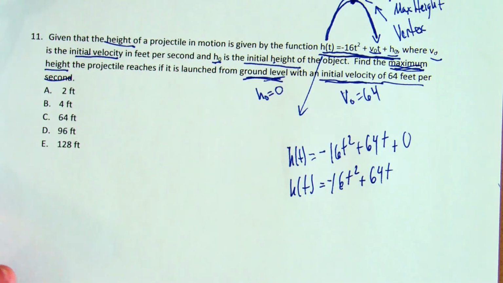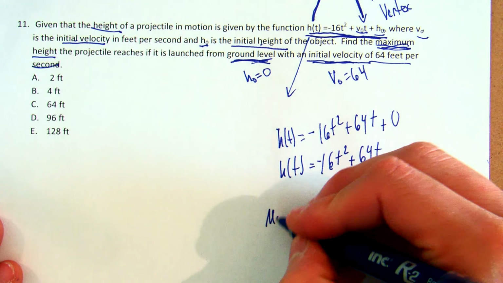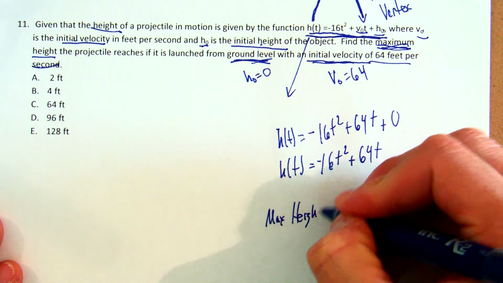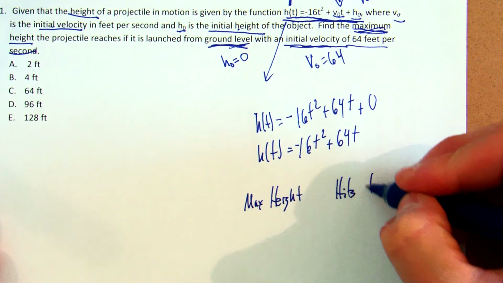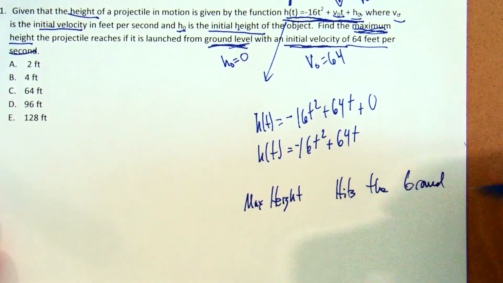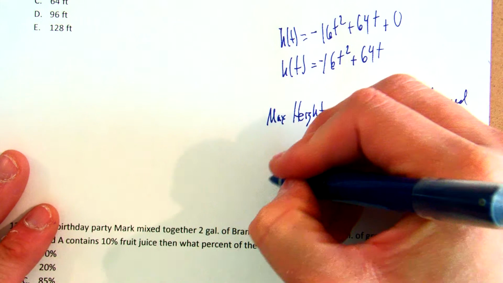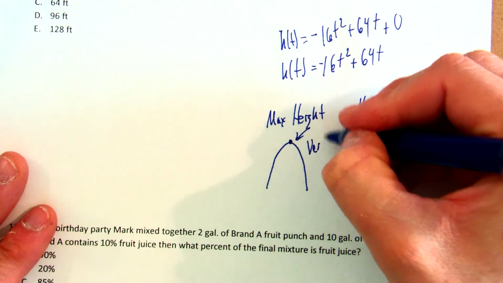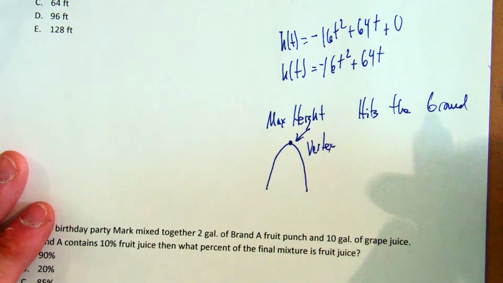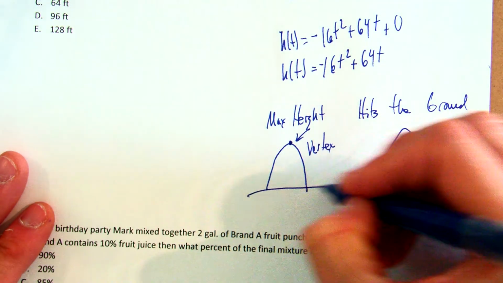Okay? So I'm going to ask you either one of two things. I'm either going to ask you for the max height, or I'm going to ask you where it hits the ground. And I'm going to draw two pictures, right? So if you notice, if you have a parabola going down, this is the max height, this is the vertex, okay? But if you also draw the same parabola, and this is the ground, right?